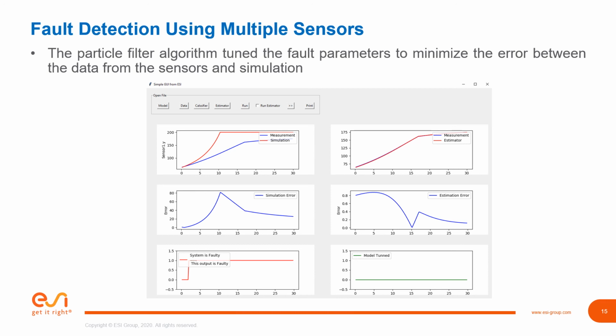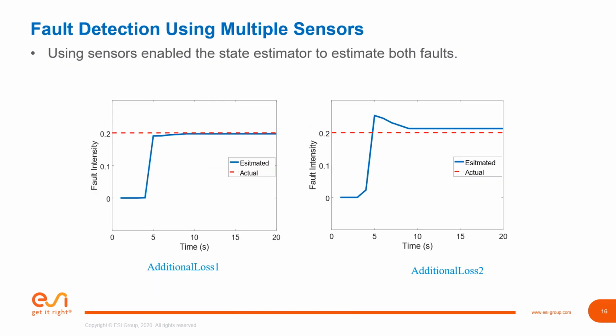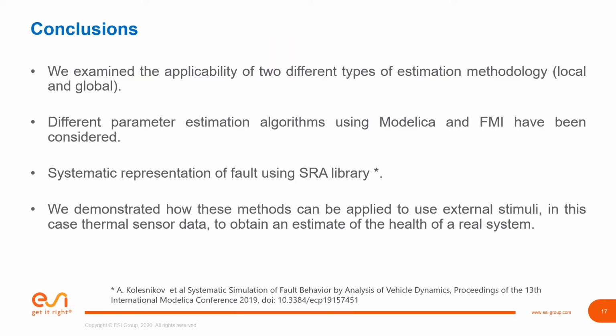After that we check the parameters. We find that the right parameter is 0.2, for both addition losses 1 and addition losses 2, and the system managed to capture the fault. So this proves that our model can be used for many faults.